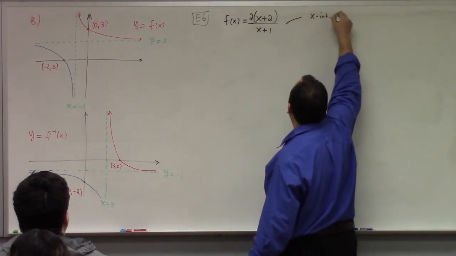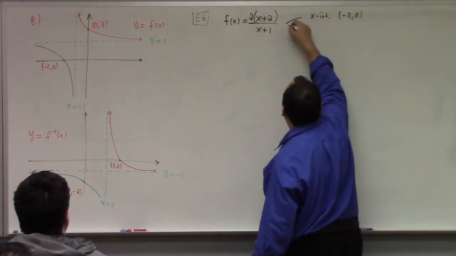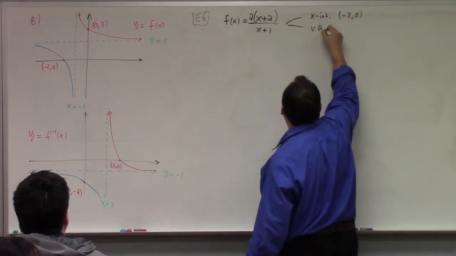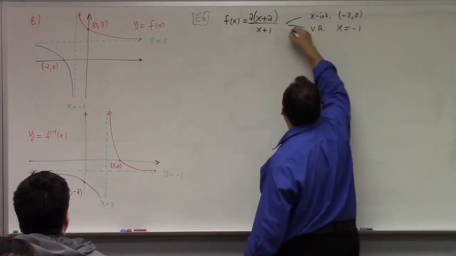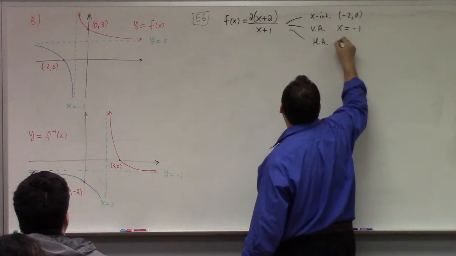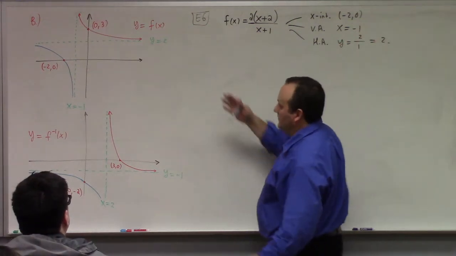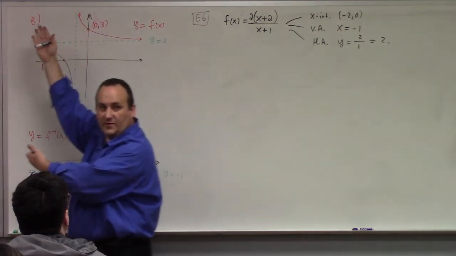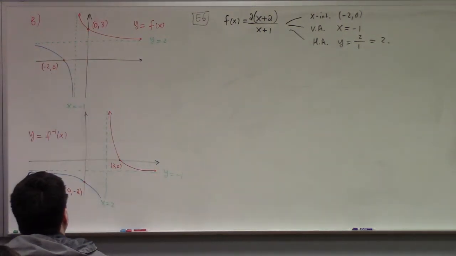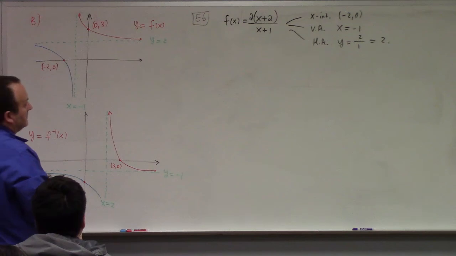This has x-intercept minus 2, 0. It has a vertical asymptote x equals minus 1, and it has a horizontal asymptote of 2 over 1, which is what we have over here, right? Exhibit B, that's it, right? No, still missing the y-intercept. Meaning what?